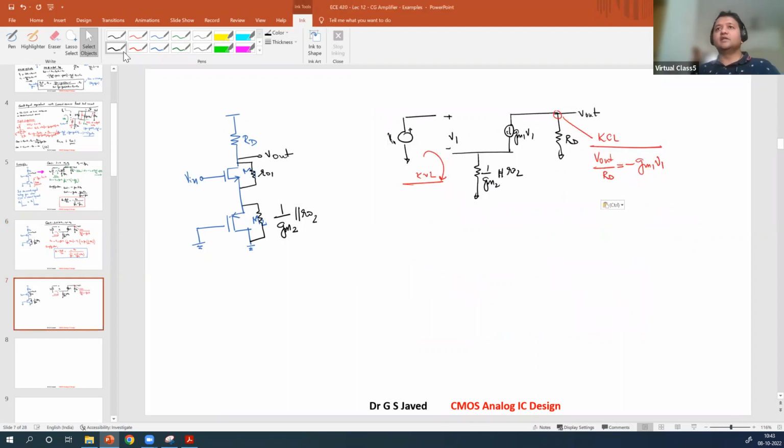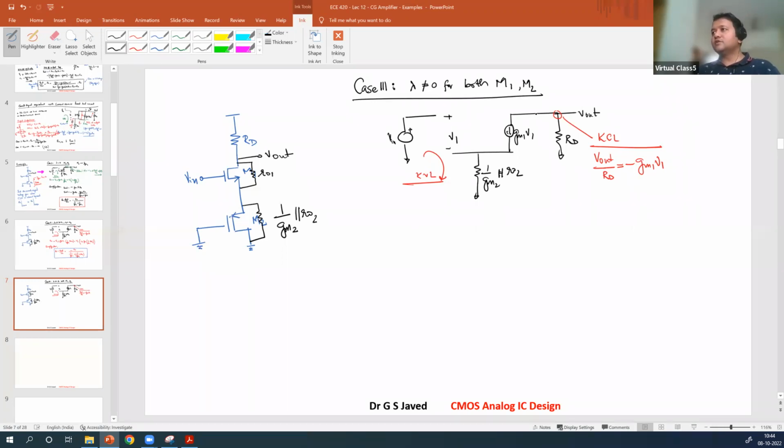So this will be case 3. Lambda is non-zero for both M1 and M2. And how will that change itself? You will get two factors here.